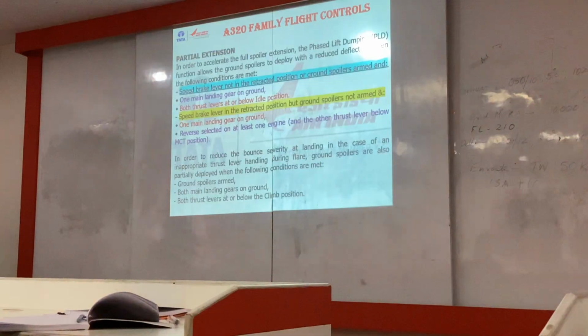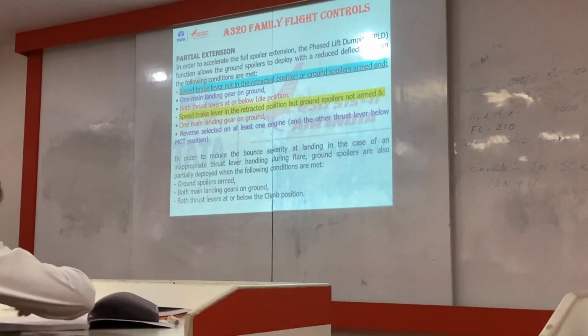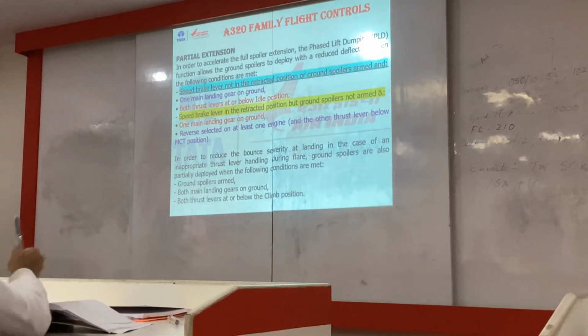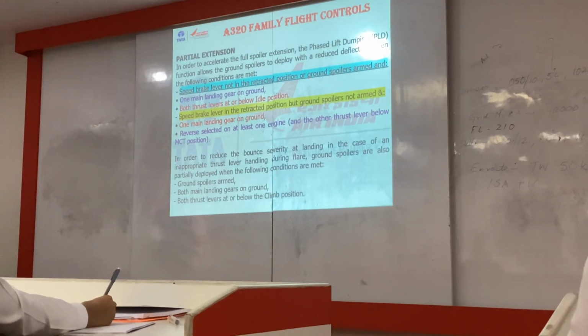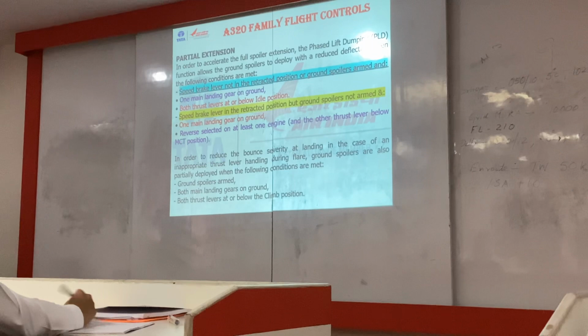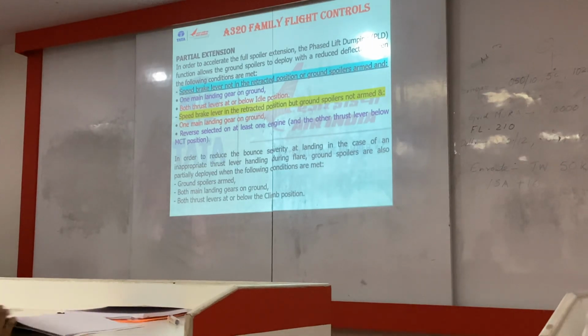This is now the condition of partial extension. So far we discussed full extension for the reject takeoff and for the landing phase also. In order to accelerate the full spoiler extension, the phase lift dumping function allows the ground spoiler to deploy with a reduced deflection when the following conditions are met. So there is a provision for phase lift dumping, and some partial extension procedure is there.